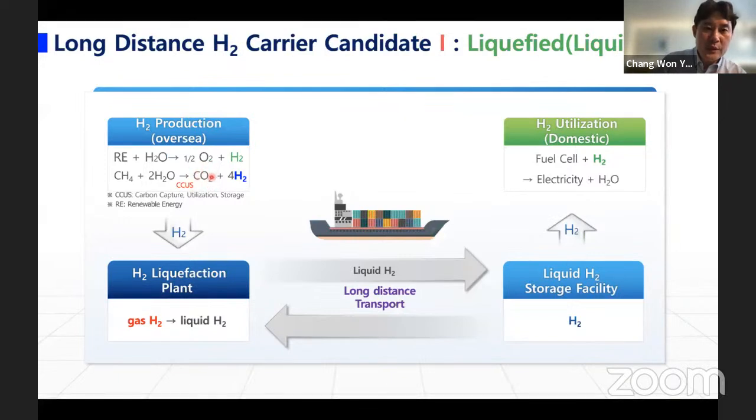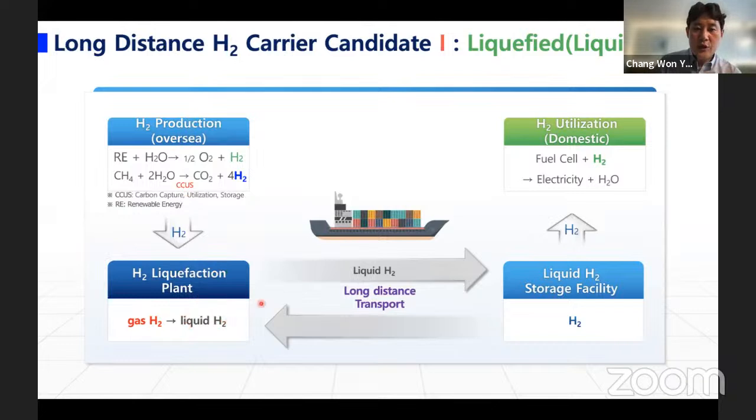Then this CO2 is not released into the environment. This kind of hydrogen is called blue hydrogen, and green hydrogen and blue hydrogen are called CO2-free hydrogen. This CO2-free hydrogen will be transformed into liquid hydrogen at the hydrogen production site.